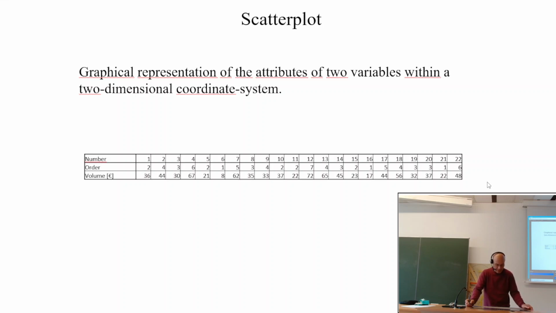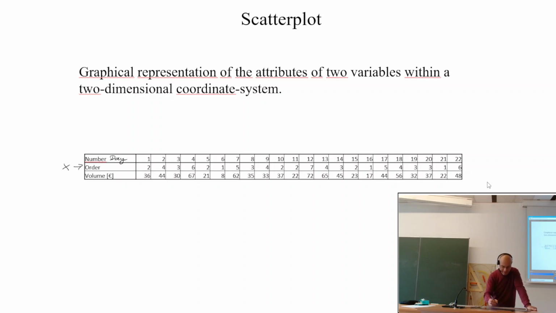So maybe in some company, you have a data set for X, the number of orders. And all these orders may have different volumes in euros. So one order can be a large order with 10 euros, and the other order has only a volume with 1 euro. So maybe these are then days.